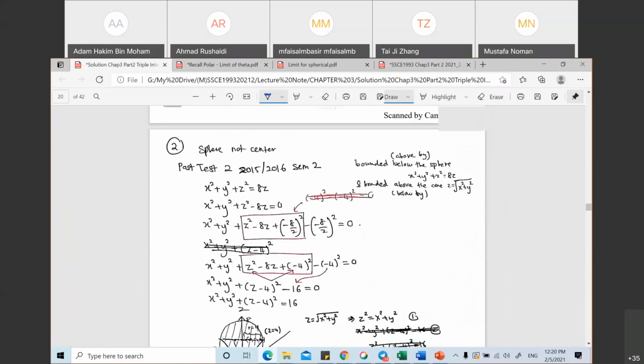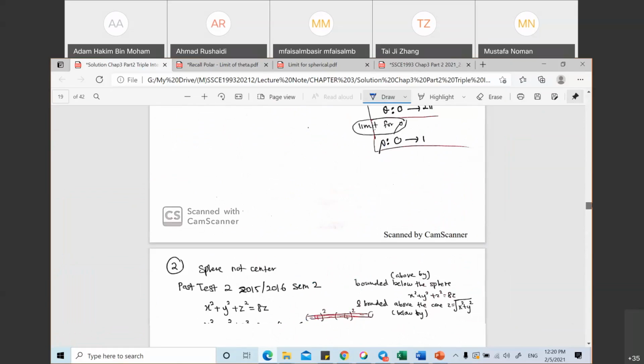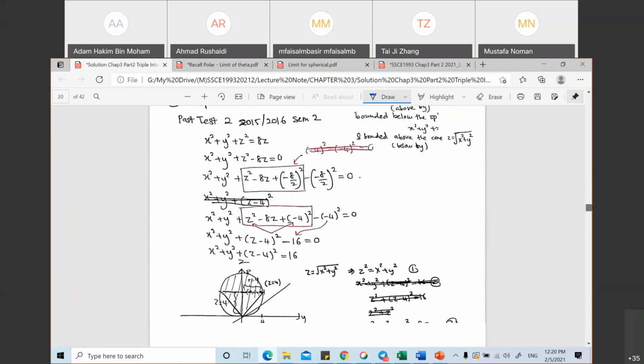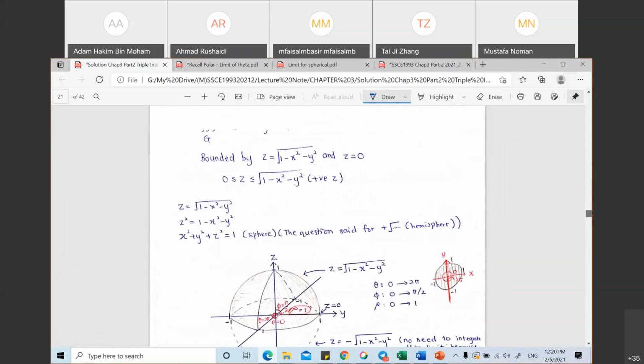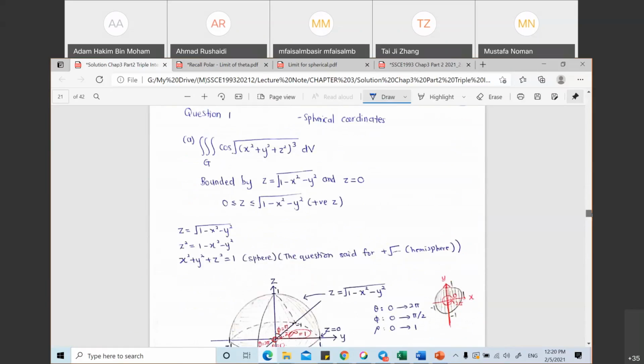Okay, solution is here. So you have to sketch this first so that you can see what is going on.